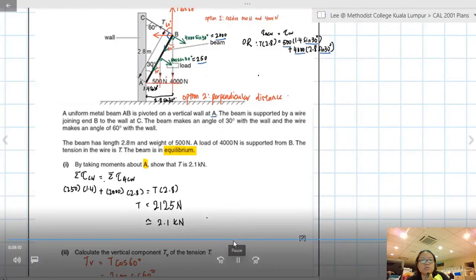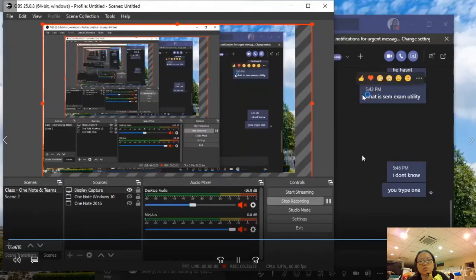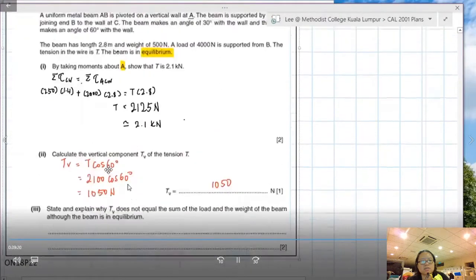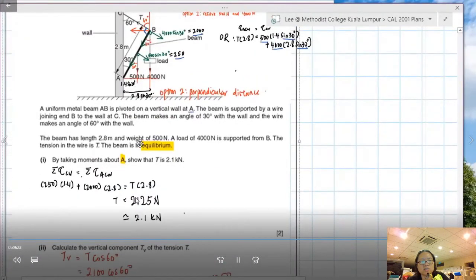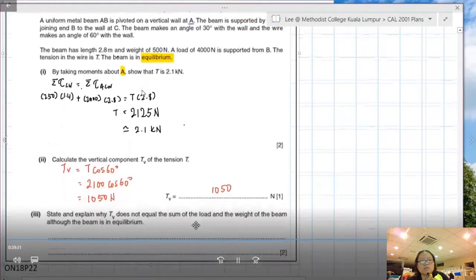Okay, so you are asked why this 1050 is not equal to the load and the weight. So the load and the weight, this TV, this load and the weight is actually 4500 and this one is just 1050. So why?